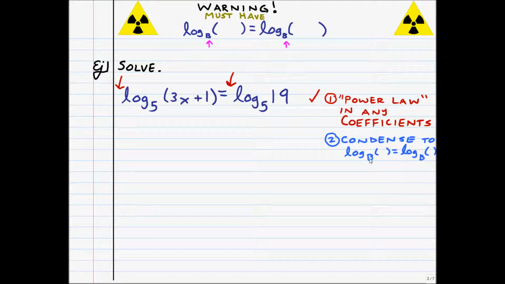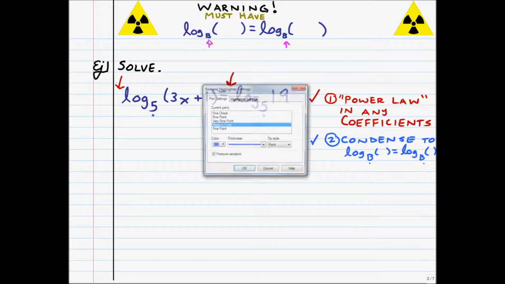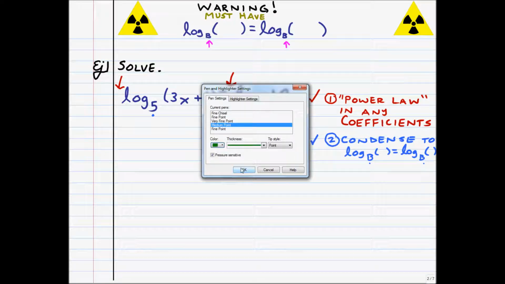So again, why do we expect that? Well, it says it right up here that we've got to make that happen. So basically the key element in this step of the strategy is to make sure that we have the same base, which as it shows right here we do. We have the same base. And of course we're already condensed. There's only one log on each side, so in fact we're already there. Step 2 is also taken care of, which is kind of nice. Again, these are steps that we'll need as we go forward. For now, we're okay.